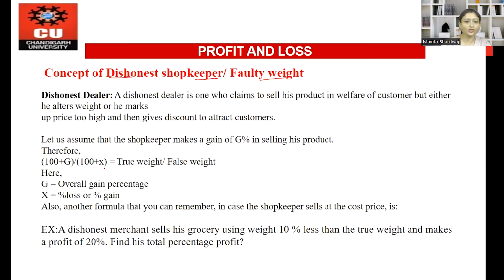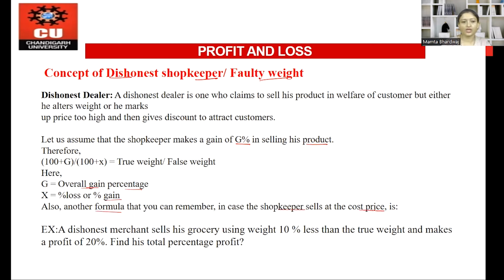So how can you find out the profit? There are two ways. First of all, let's assume the shopkeeper makes an overall gain of G%. So (100 plus G) upon (100 plus X) is equal to true weight upon false weight. Here G is the overall gain percentage and X is the percentage loss or percentage gain, right?